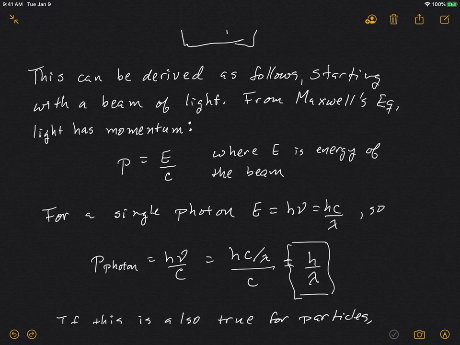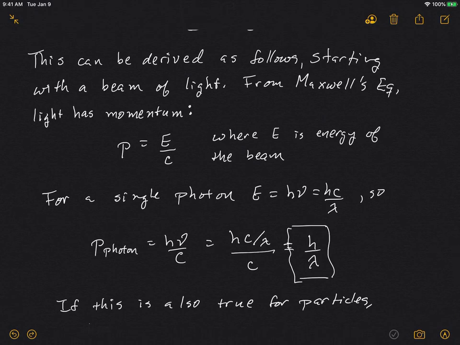And it requires a lot of light, and it requires a very lightweight object, but nevertheless this is well known. And it can be observed in the laboratory by suspending a mirror on a very fine wire and reflecting light, and you can see that the mirror can turn, showing the momentum of the photons striking the mirror.